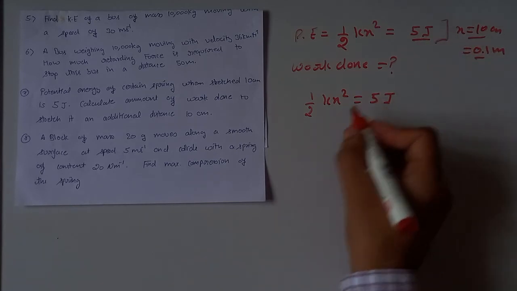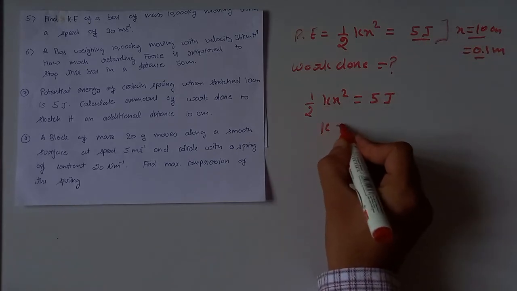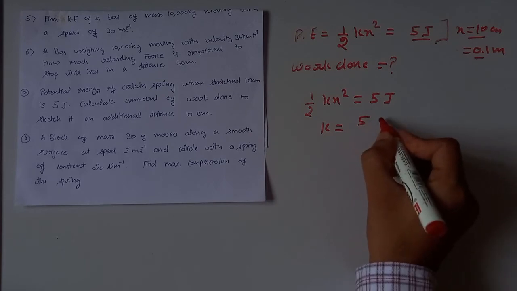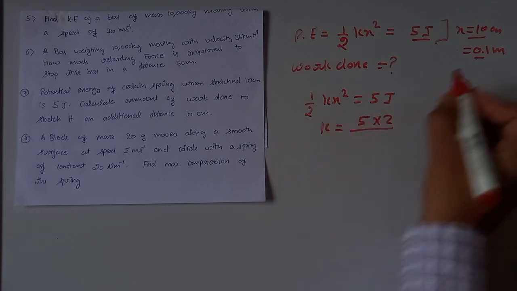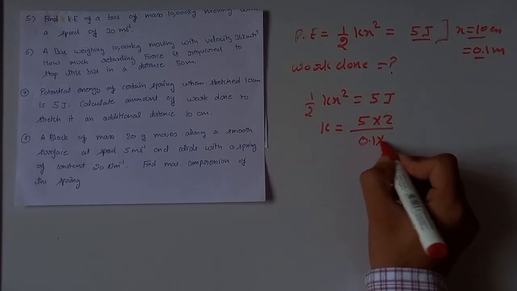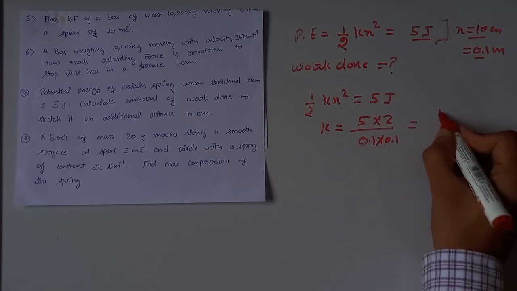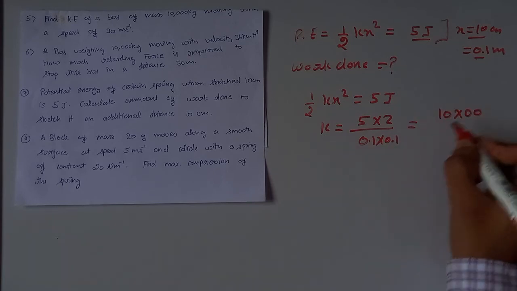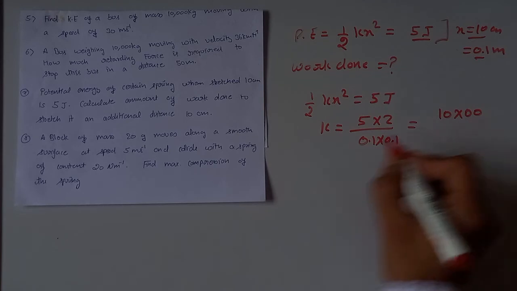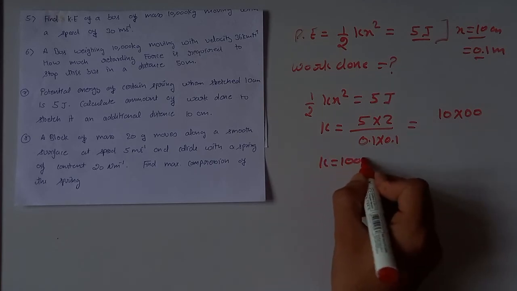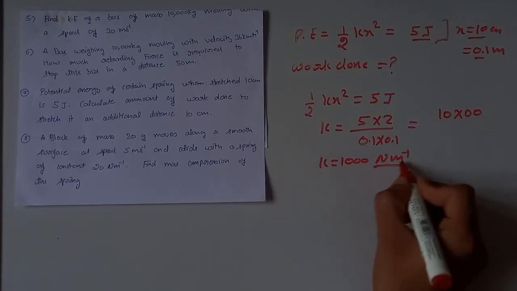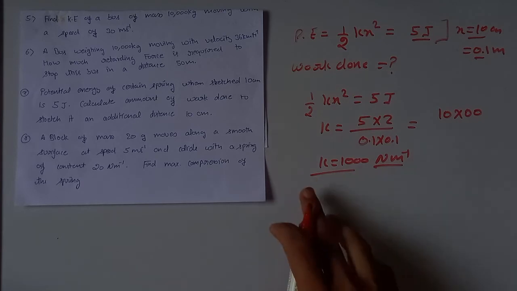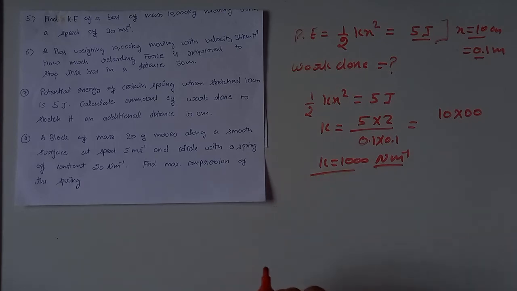Now substituting all these values, we get the value of k, which is equal to 5 joule multiplied by 2 divided by x square, where x square is 0.1 into 0.1. 5 2s are 10 into the zeros, so the value of k is 1000 Newton per meter. This is the unit of the spring constant.